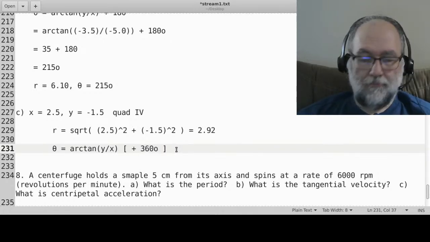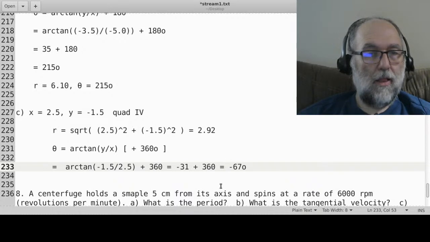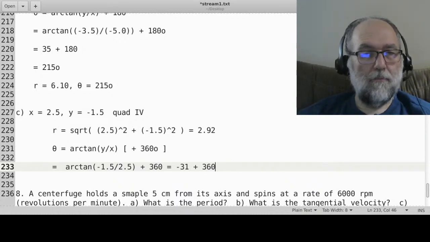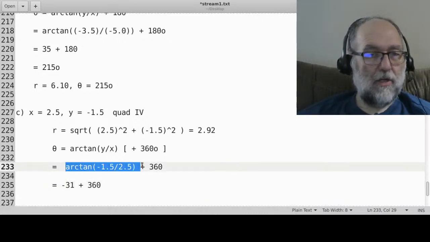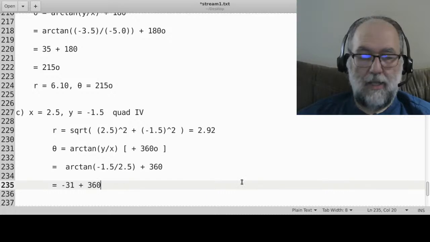Let's substitute in the numbers and see what we get. I don't know why, that's not right there. Let's see what we have here. We have the arctangent of negative 1.5 divided by 2.5 plus the 360, and there it is.